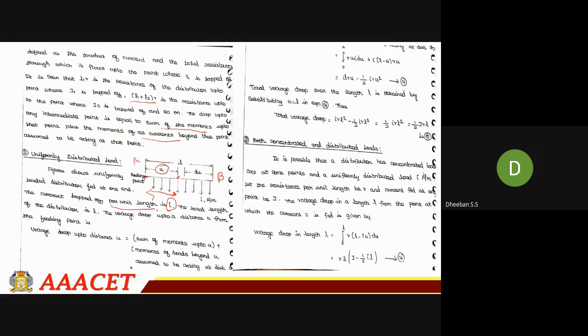It will be going from 0 to not A, it will be U. So you'll be integrating with respect to U, and now if you integrate this value you'll be getting this value minus 1 by 2 I R U square.